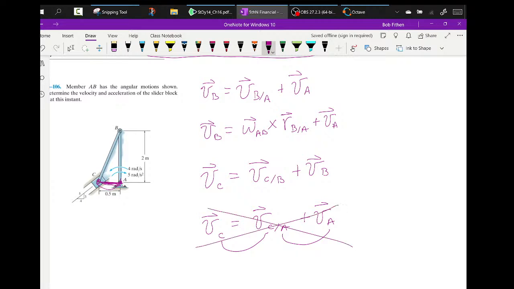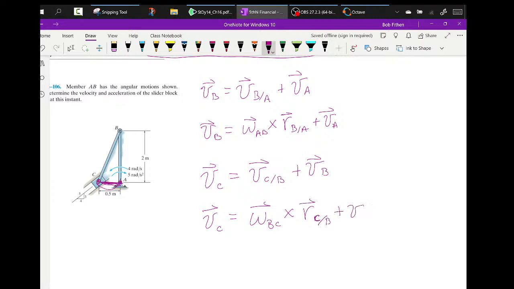So this is not appropriate. It has to be on the same length. And here, I'll fill the rest of this out. Velocity of C is equal to omega BC cross R, this, plus velocity of B.